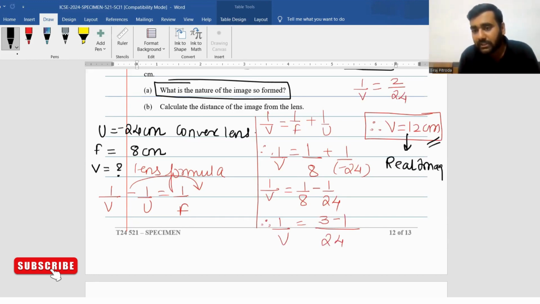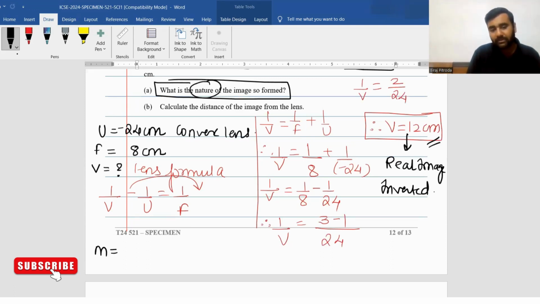And students, if the image is real, then it should be inverted. We know that very well. Calculate the distance of the image from the lens. That is simply found out. We even have to conclude the entire nature. When I'm talking about nature, we also have to find out the size of that image. That could be simply found by using the magnification formula, which is m is equal to v/u.